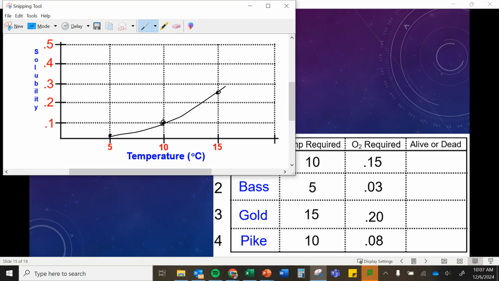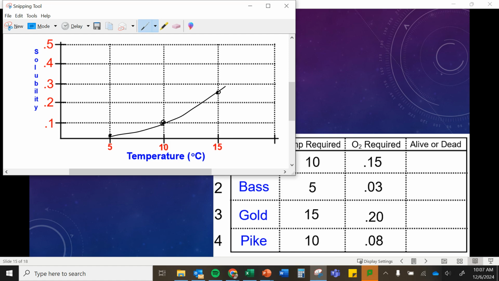So it needs more than what we have, so it would not be able to survive, and it would die. Okay, this next fish is required to be at 5 degrees, and it needs 0.03, again above our threshold, so it would also die. The goldfish at 15 degrees needs 0.2, so that's fine because we have that. So goldfish would be able to survive.